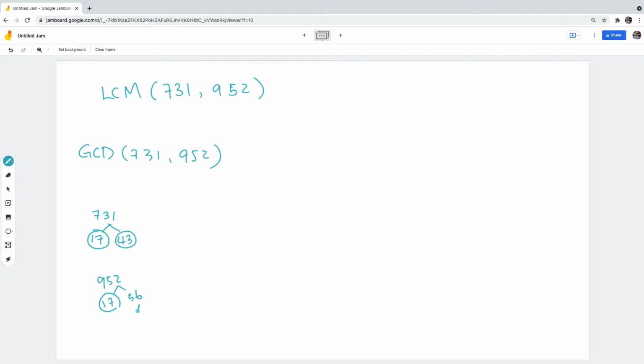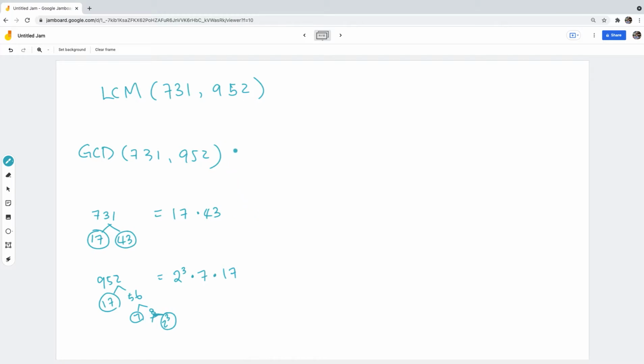So 17 is prime, 56 is not. But that's 7 times 8, and we know 8 is 2 cubed, right? So now we have only the prime numbers. So 731 is 17 times 43, and 952 is 2 cubed times 7 times 17.